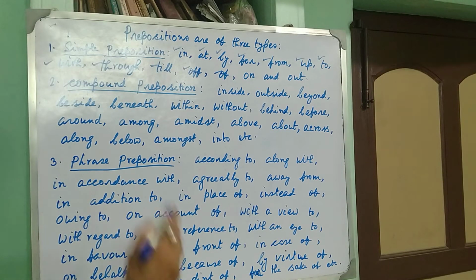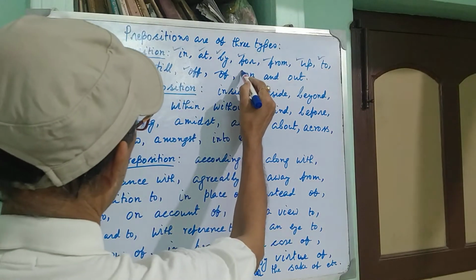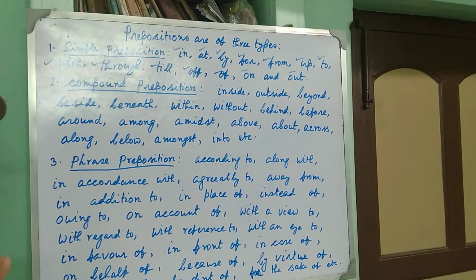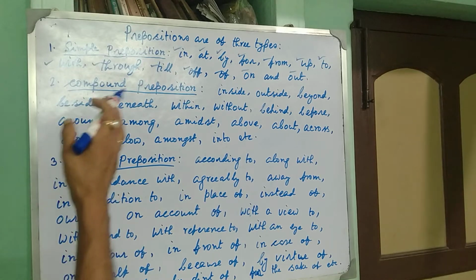Clear? Off, of, on, and out. These are the simple prepositions, and we use these prepositions in our sentences, in our daily uses, in our conversation, in our writing English, everywhere we use all these prepositions.